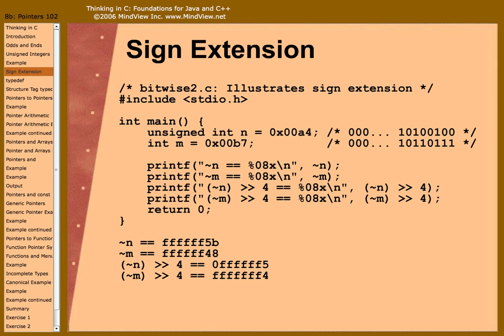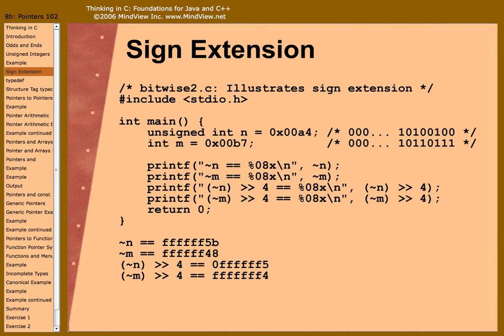I've declared here, well, this is very similar to that same program we had a long time ago. The only difference between the declarations here and what you've seen before is the introduction of the word unsigned for n. So n is unsigned, m is not unsigned, it's a signed integer. And let's take a look at the differences here.